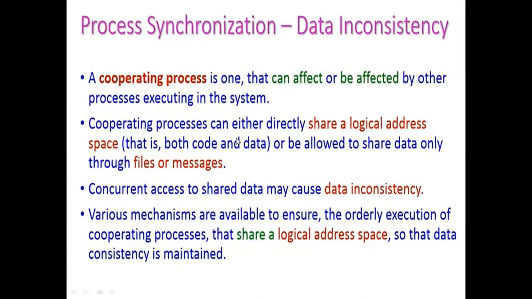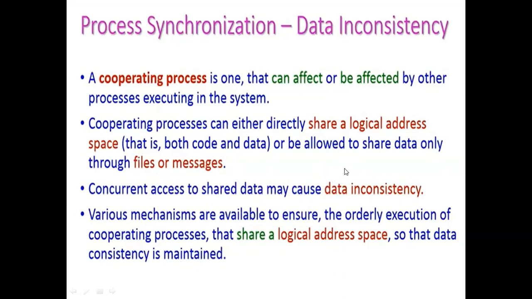This cooperative process can either directly share a logical address space, that is both the program code and the data, or it may be allowed to share data only through files or messages. The concurrent access to the shared data, that is many users sharing the data simultaneously, will cause the problem called data inconsistency.